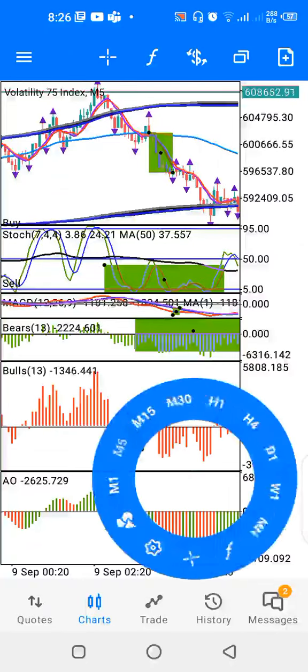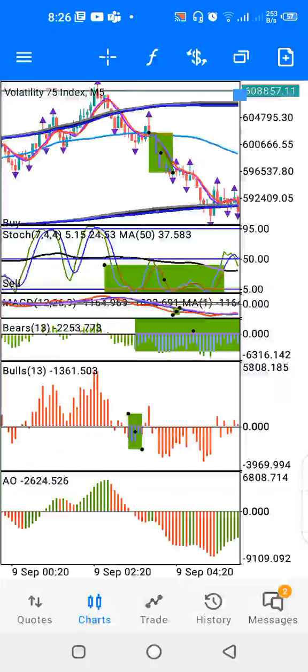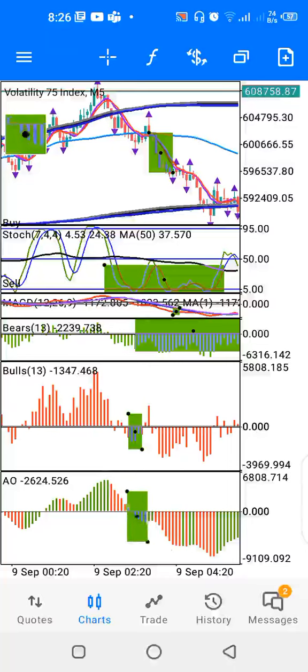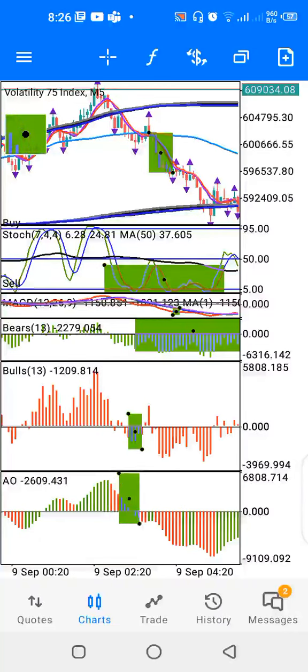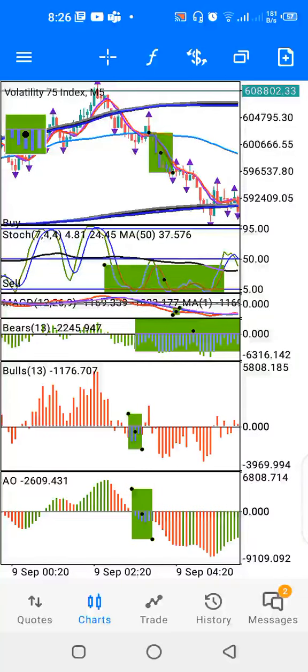Okay, then for Awesome Oscillator, start looking for sell where you have red bars developing above the 0 level. Then where you have crossover, that's where to actually look for where to sell. You have red bars developing above. Of course, red bars are developed around here, but there's no crossover down below the 0 level. But you have red bars developing, then the crossover down below the 0 level. Then you can start looking for where to sell.